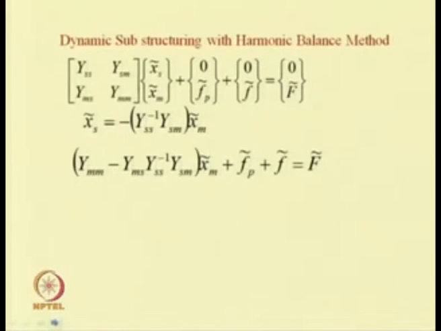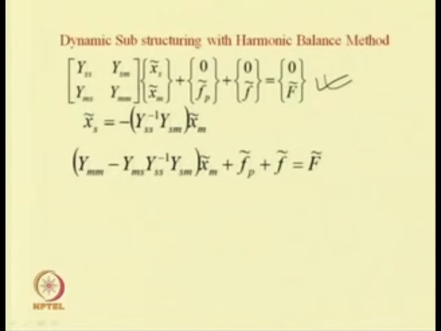Similarly, one can use dynamic substructuring with the harmonic balance method also. In dynamic substructuring, previously we have seen that we can divide the structure into slave and master, where the slave coordinates can be retained using generalized coordinates and the master degrees of freedom can be kept using physical coordinates. So, we have a set of generalized coordinates and physical coordinates.